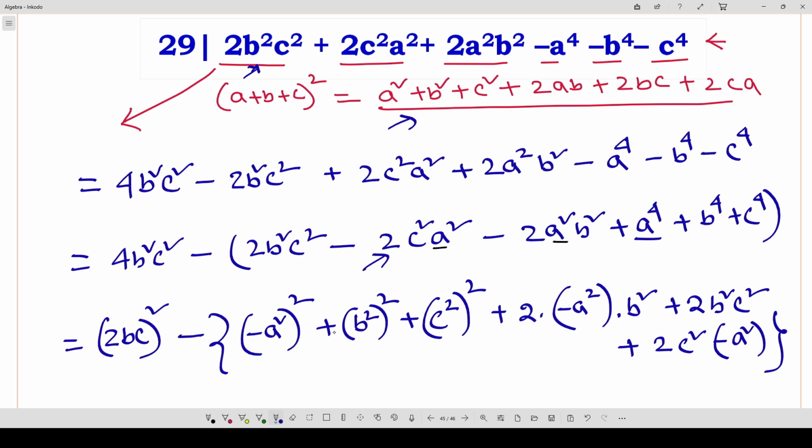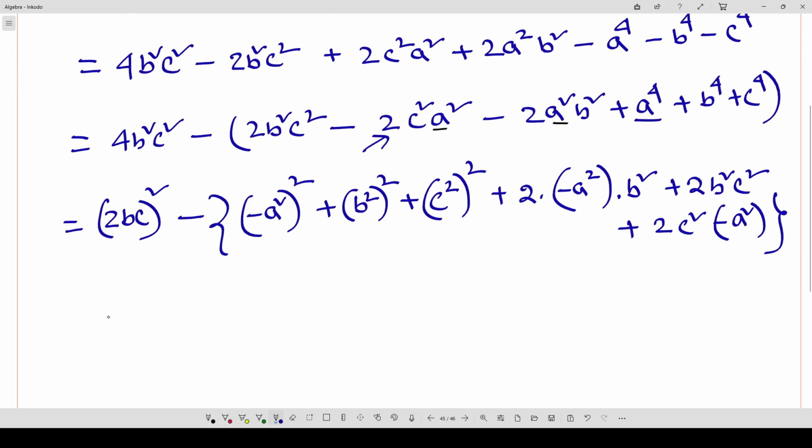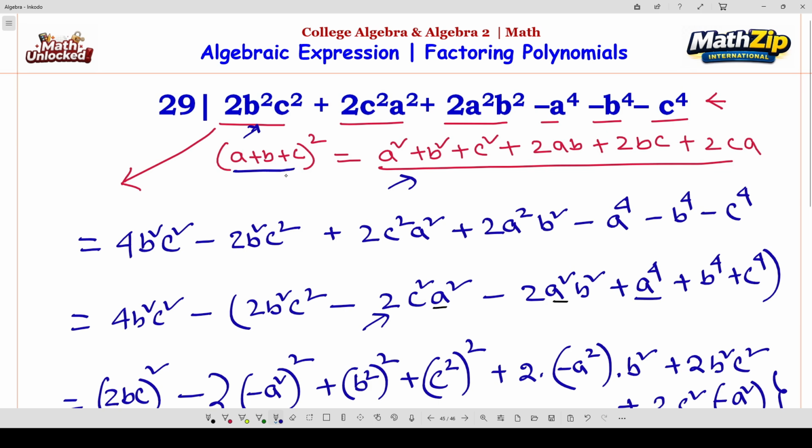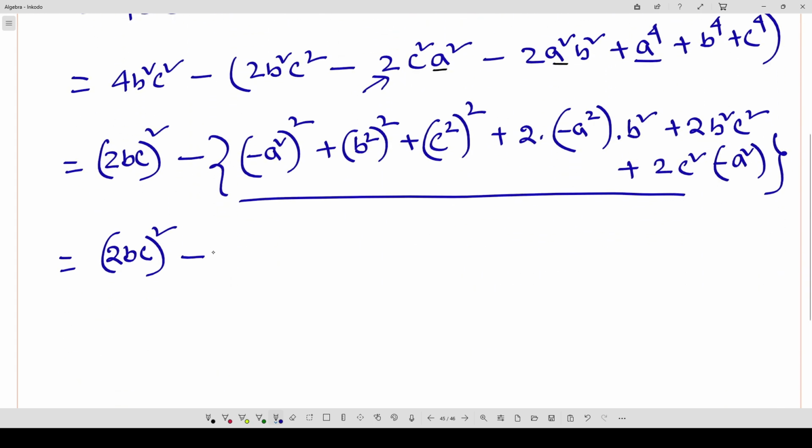Now after this everything will be like this formula. It means a² + b² + c² + 2ab + 2bc + 2ca, right? Then this one is (2bc)² minus the whole thing, which we can write as (a + b + c)². That means a + b + c, where a means minus a².